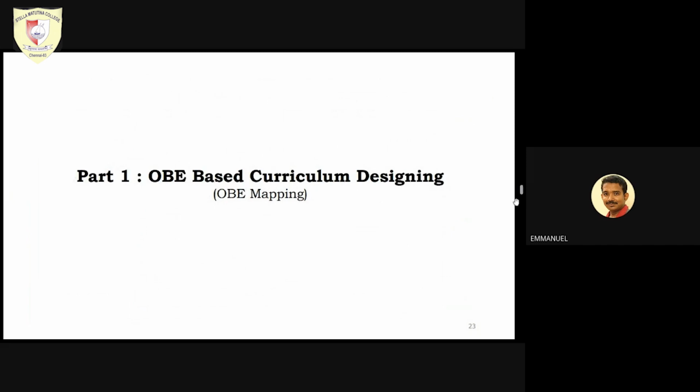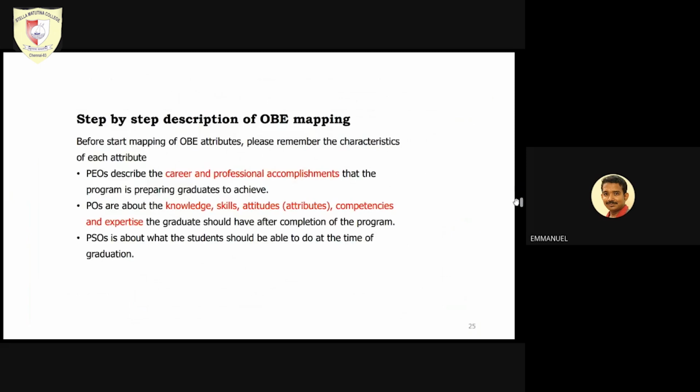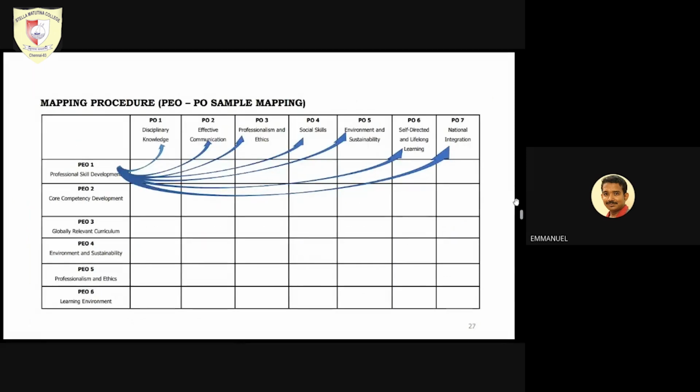Then part one was OBE based curriculum designing, and how the mappings have to be done. The values given, like 0 to 3 on a 3 scale, are just by the opinion of an expert. Who is an expert, or who are experts?